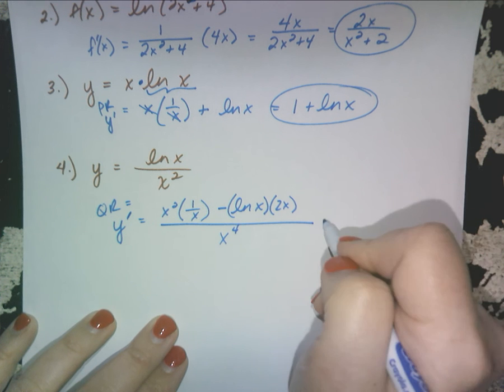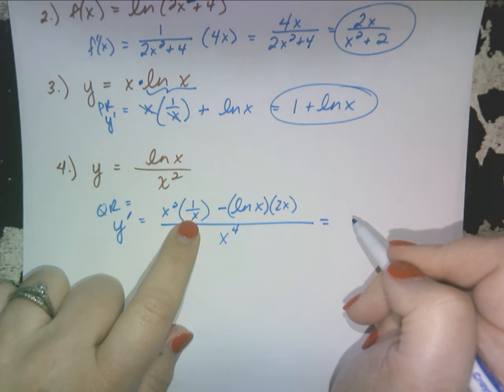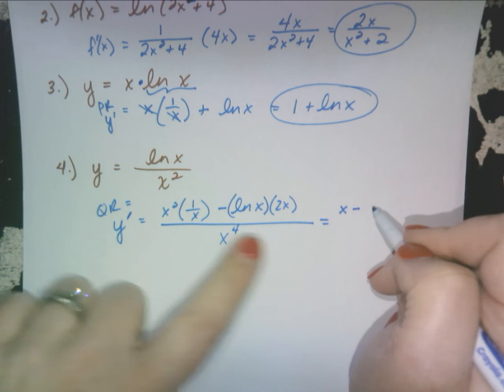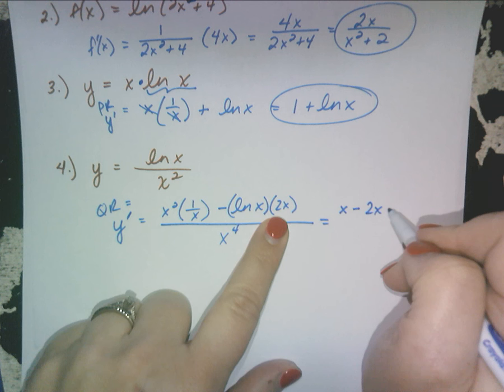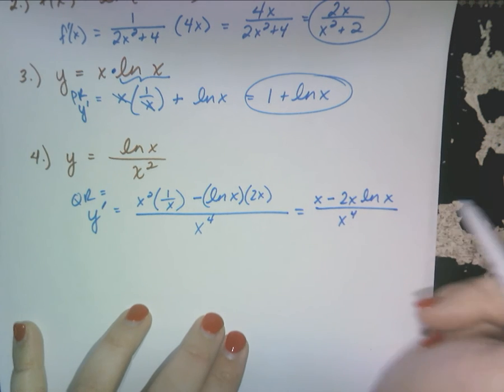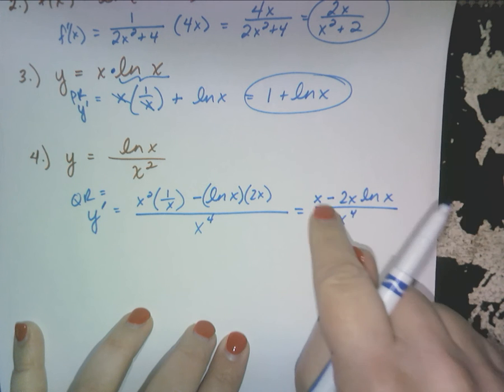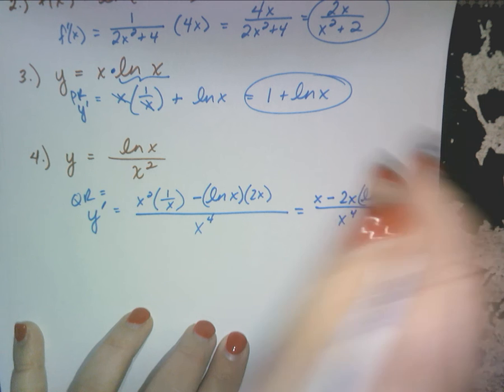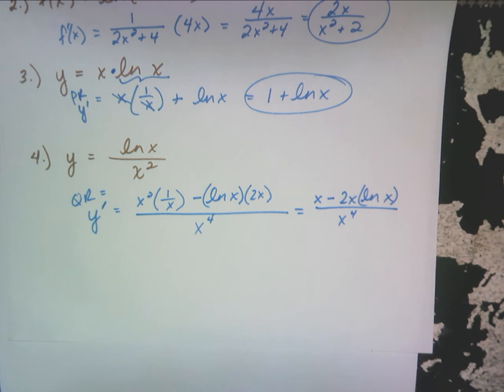All right, let's clean this up a little bit. X squared times 1 over x is just x, agreed? Minus, I'm going to put that 2x in front so I don't get confused. And then you are allowed to reduce these x's, not with this guy. This ln x is like, again, it's like cosine pi.